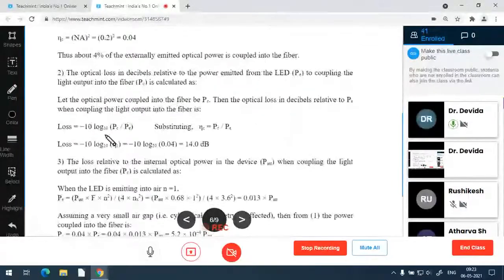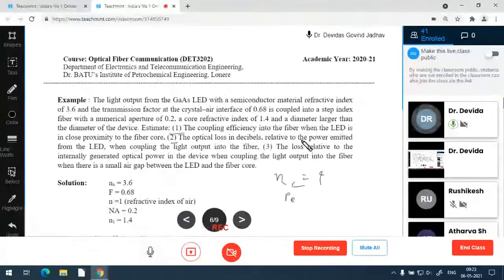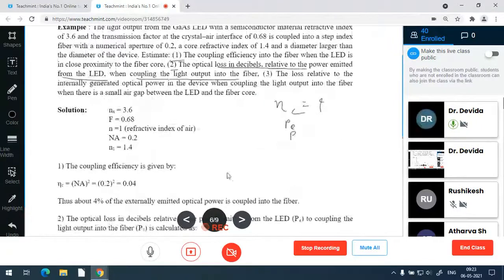It is PC and PE. So the second ask is the loss in decibel relative to power emitted from the LED while coupling the light output into the fiber, that is PC. Coupled power is PC. So PC and PE are the two factors which we have to consider.